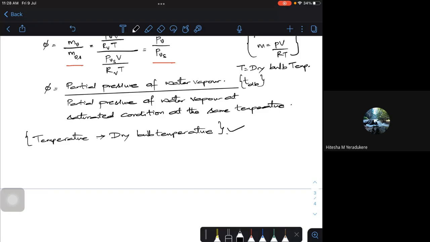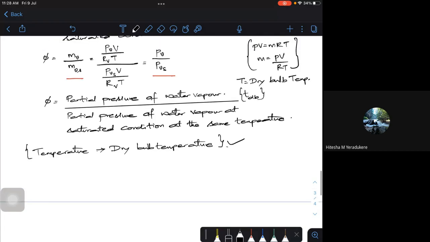So phi is given by the mass of water vapor ratio, and PV by PVS. Now if you closely observe this, from this I can define one more thing. What is that other definition?